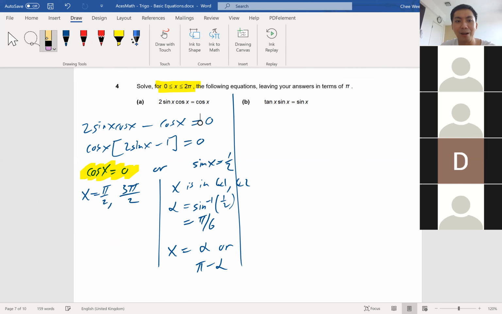So here you have these 4 answers over here, okay? This is just to show you that it may not be easy to solve things in radians unless you know your special angles very well. Of course, there are exam tricks to work this in degrees first, then convert back into radians. That is a very common exam maneuver, but it's very inefficient, that's all. And I don't encourage that in general.